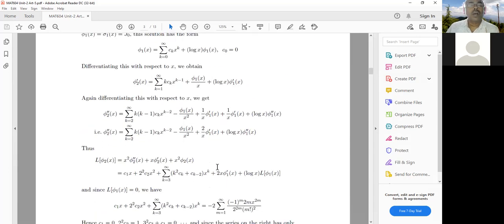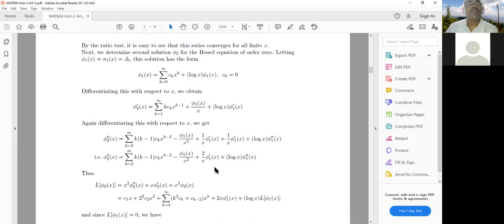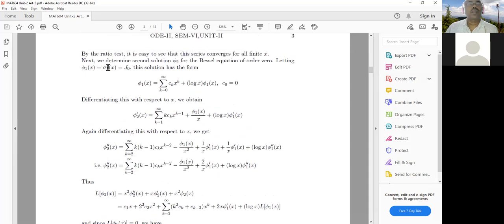So you can now have a first solution as J0. So this we call the Bessel function of order 0. So this solution has the form this one, phi1 of x is equal to this. And differentiating this again we can have, this is not phi1, this is phi2 here. This could be phi2. I will correct it here.